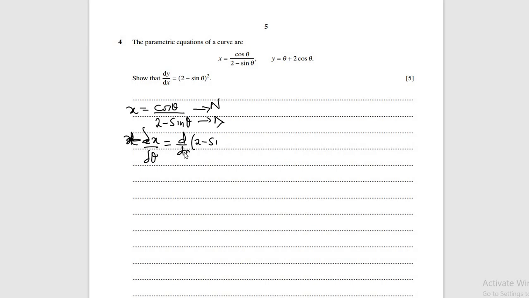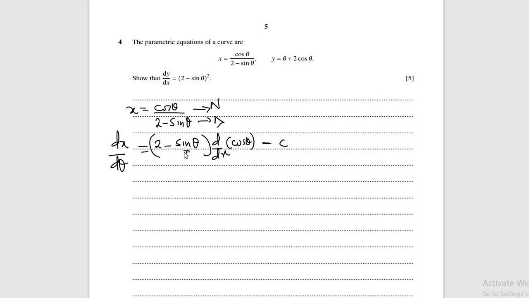Wait, hold on. Let me write it. Okay, if I'm going to use the quotient rule in this case, you put down the denominator, the dx by d theta. Put down the denominator, don't touch it. That's 2 minus sine theta. You're going to rewrite it, don't touch it. Then differentiate the numerator. You're going to differentiate cos theta, minus, now interchange them.